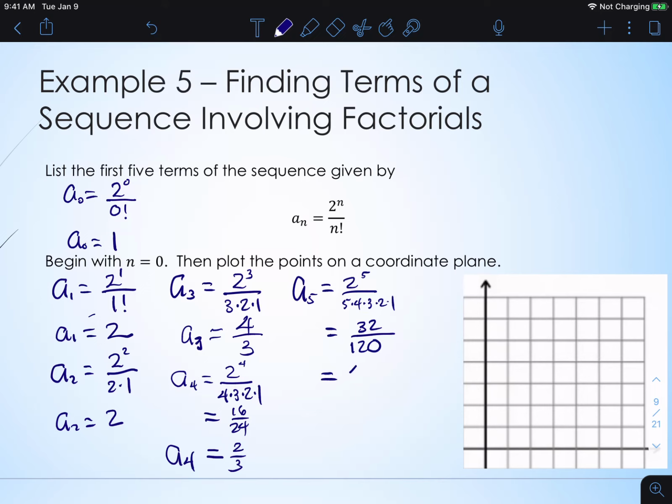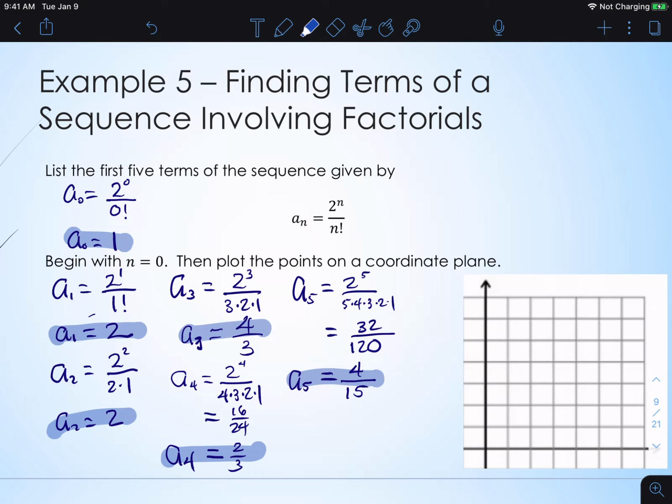Dividing by 8, this is going to be 4 up there, and this is going to be 15. So 4/15 is a sub 5. All right, so I think we did more than 5. Let's go ahead and highlight them. There's a sub 0, a sub 1, 2, 3, 4, and 5, and we did 6, so we overdid it.